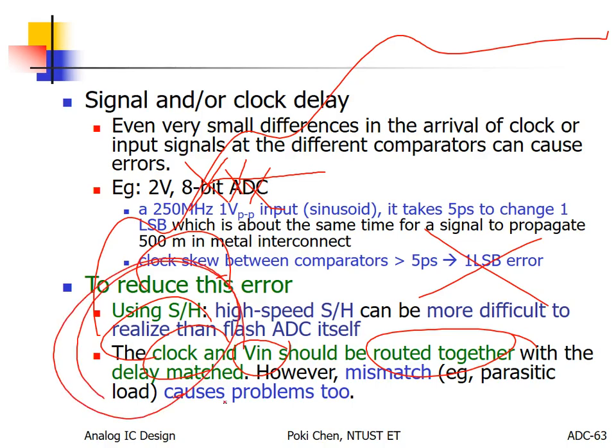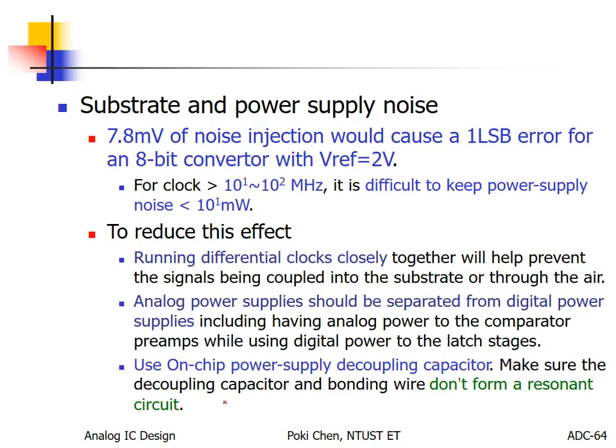And also, the background noise, just like the substrate, you get a lot of noise. So this is another example. If there is noise injection from your substrate, because the substrate is really noisy, right?